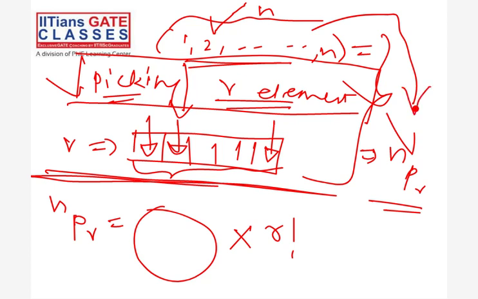Now I am saying that this task, arranging r elements from n elements, can be divided into a sequence of two tasks. First you pick r elements, then you arrange those r elements.